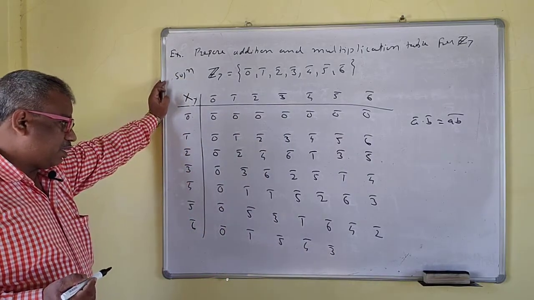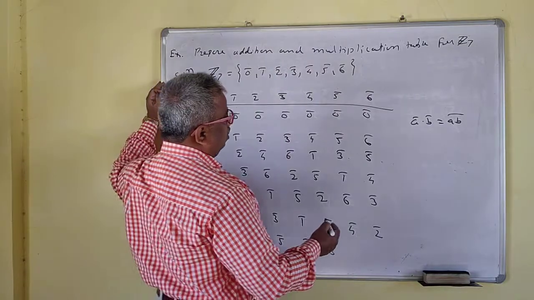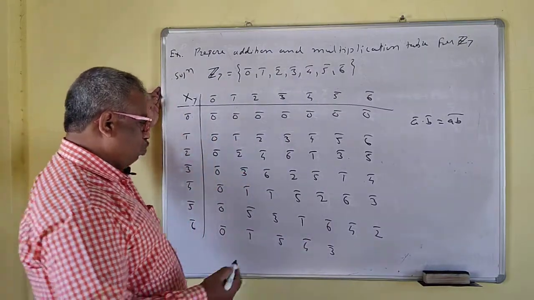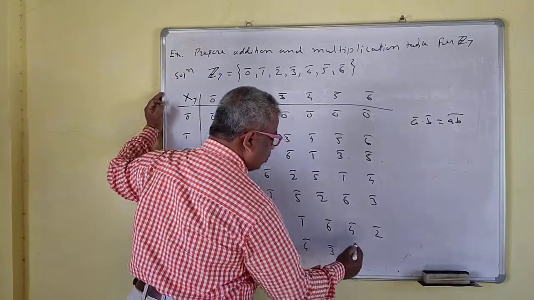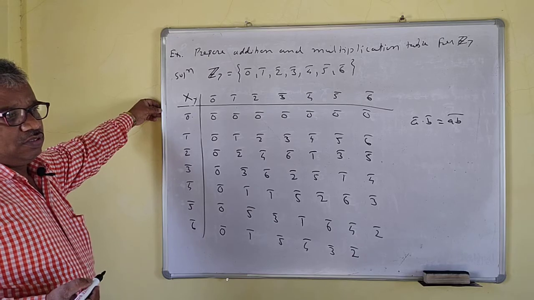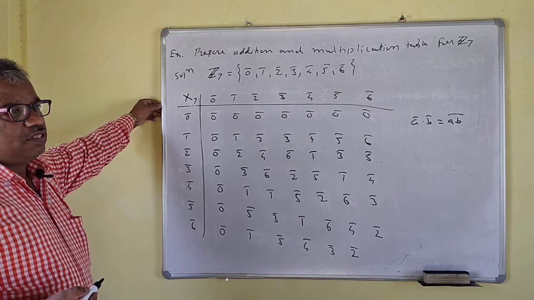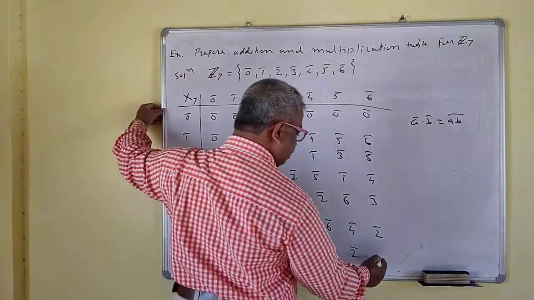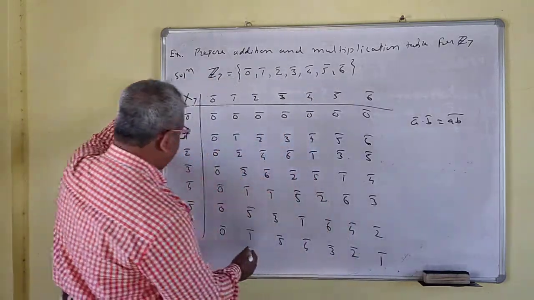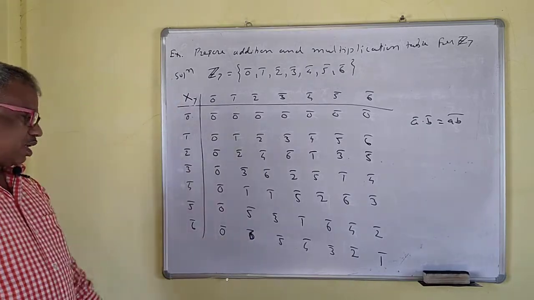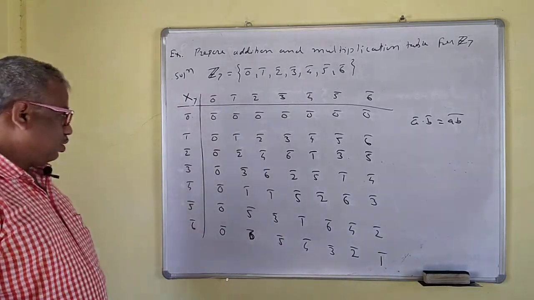So 30 bar is the same as 2 bar. 28 plus 2. 36. So 7 fives are 35. Also this is 1 bar. This is 6 bar, not 1 bar. This is what? 0 bar, 6 bar. This is 1 bar. Okay.